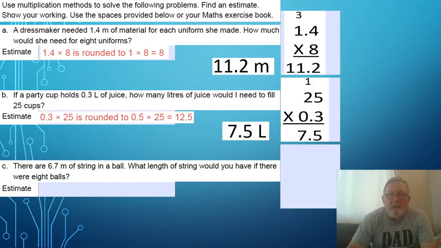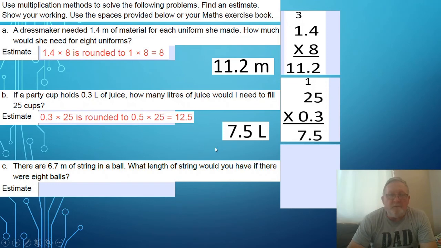There's probably better ways to estimate that one, although I actually think you can say that 3 25s are 75, or you can go, even if you rounded this down to 20, 3 20s are 60. So 6 litres, you'd know, is under the actual amount, but it's still a closer estimate than that one there.